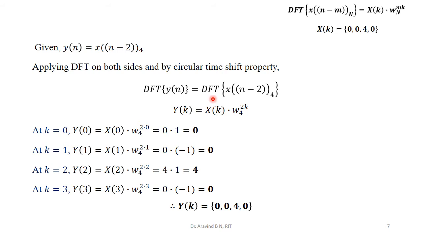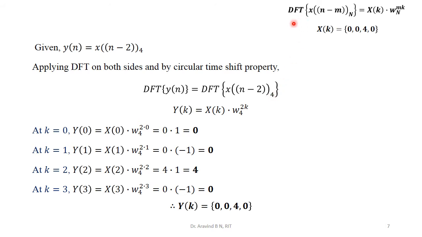On the right hand side, this part is comparable with the time shift property represented over here. So DFT of x of n minus 2 modulo 4 is comparable with this part. So by comparison we can identify the value of m is equal to 2 and this capital N value is equal to 4.